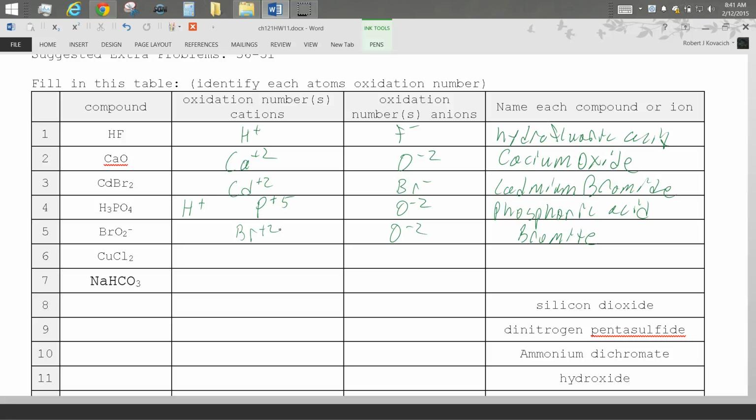Okay, the next one? I have a question about that. Absolutely. So, how can bromine be 2 if it's not an option? Those are common options. Oh, so even if it's not on there? You shouldn't really look at those non-metal oxidation states. They're not super helpful.